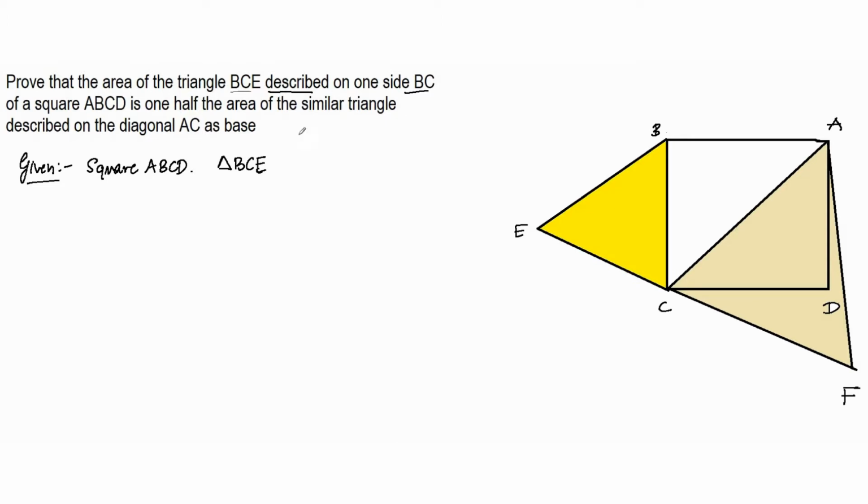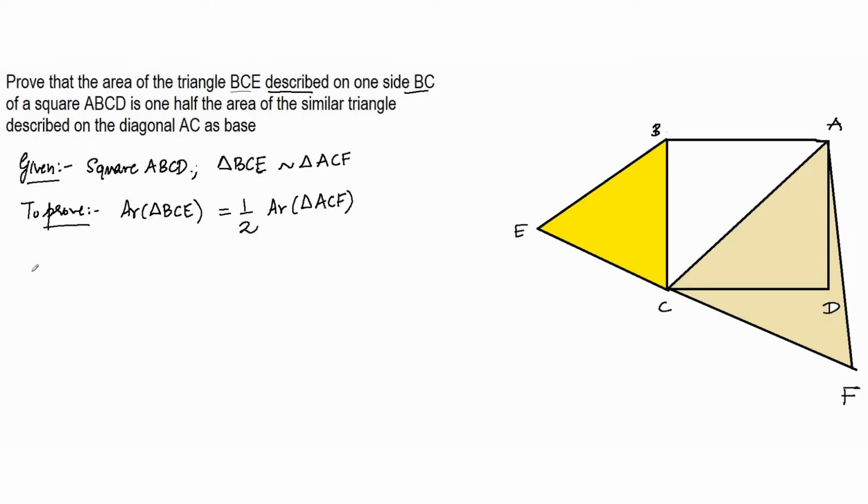So it's given that these two triangles are similar. Now we have to prove that the area of triangle BCE is equal to 1/2 the area of triangle ACF, right? This is what we have to prove.